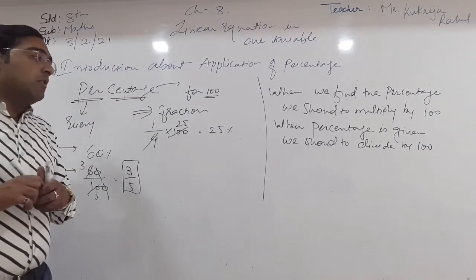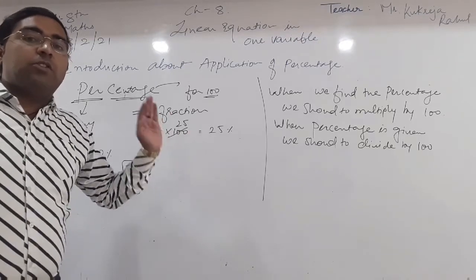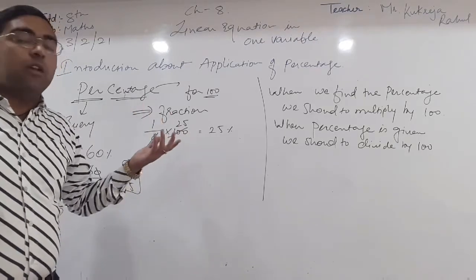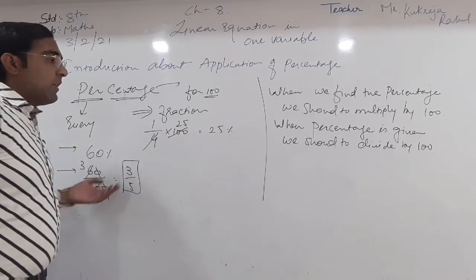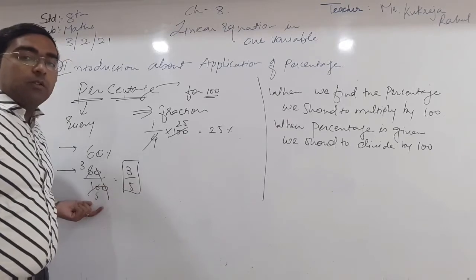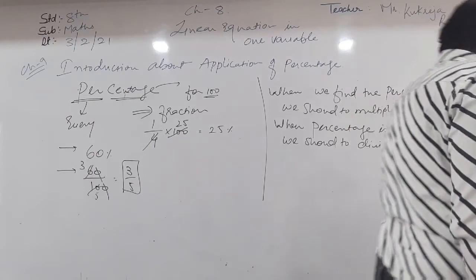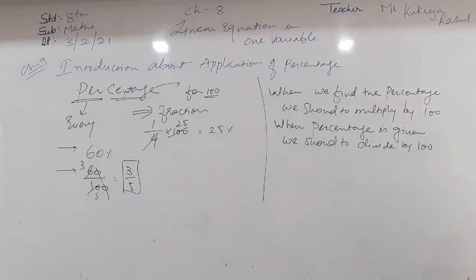Clear? So whenever a fraction is given and we find the percentage, we multiply it by 100, and whenever a percentage is given, then we divide it by 100. Okay, always follow these two statements.